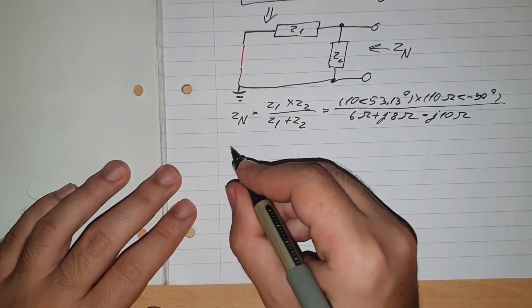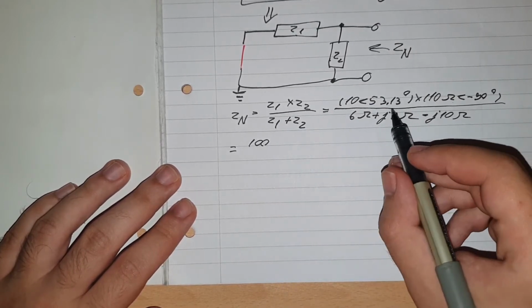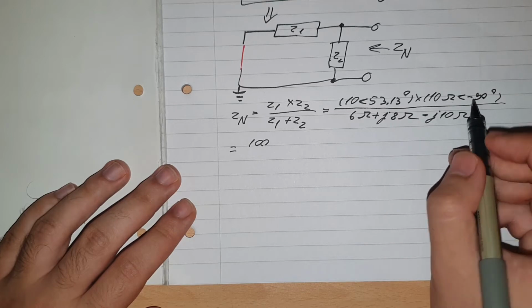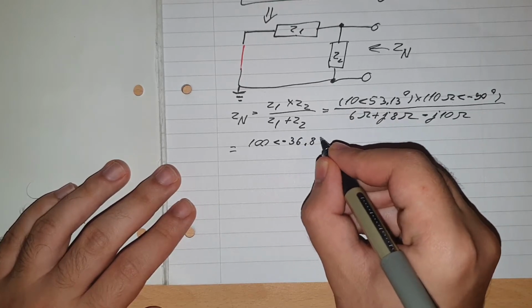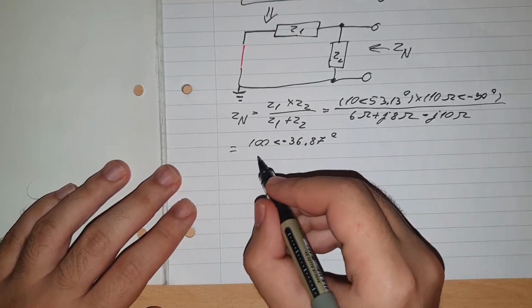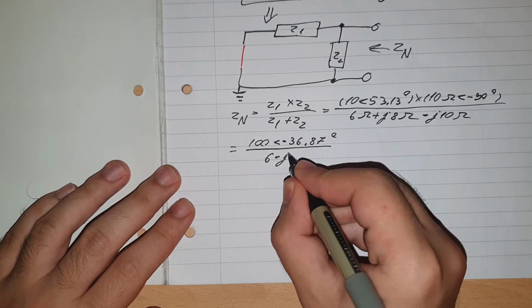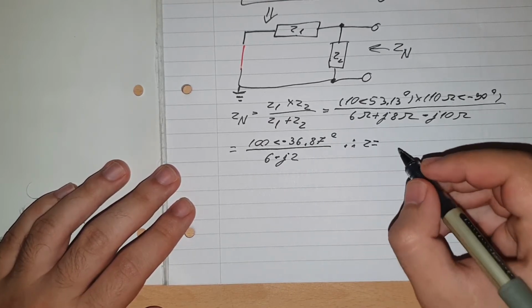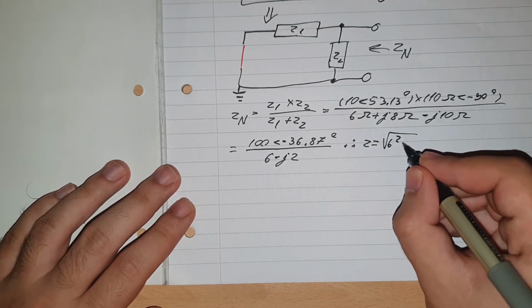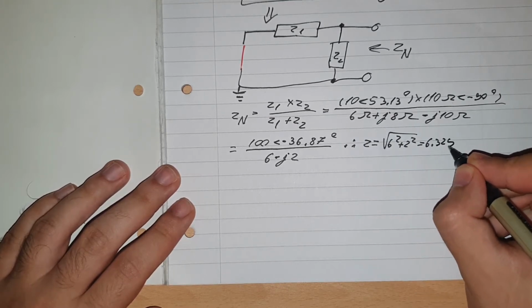Then that will be equal to 100 at an angle of 53.13 minus 90, which is minus 36.87 degrees, divided by 6 minus j2. Then Z will be the square root of 6 squared plus 2 squared, that will be 6.325.